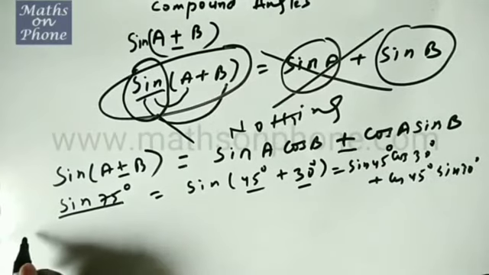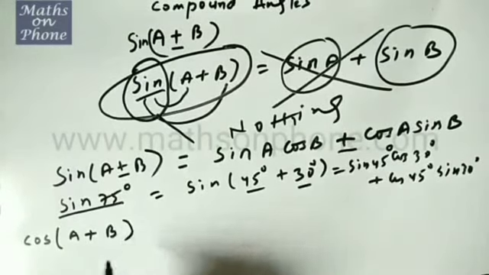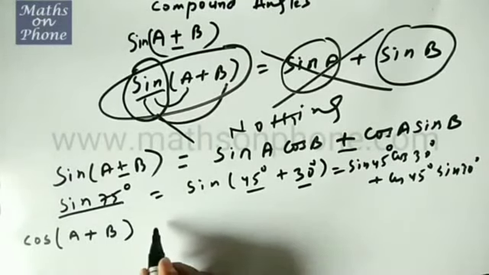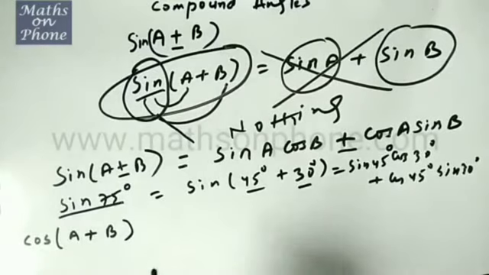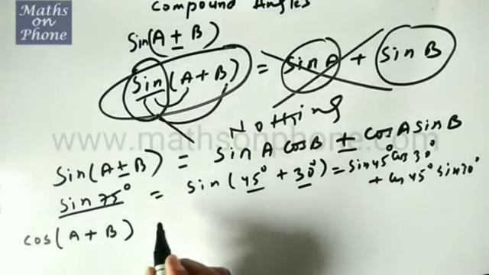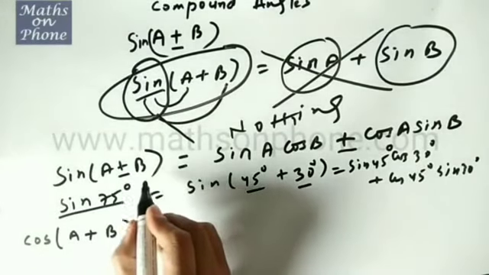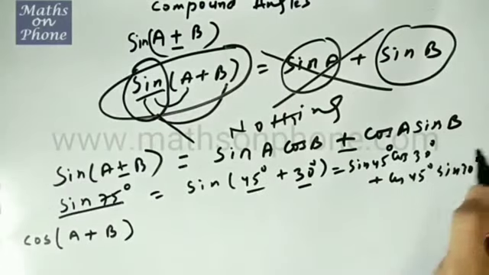Now see, if we need to write the formula of cos(A+B). Cos, I just say, is an extremist function. In my local language, you can say it is extremist: both the cosines are together and both the sines are together. Whereas in the case of sine, it was one sine, one cos, one sine, one cos.